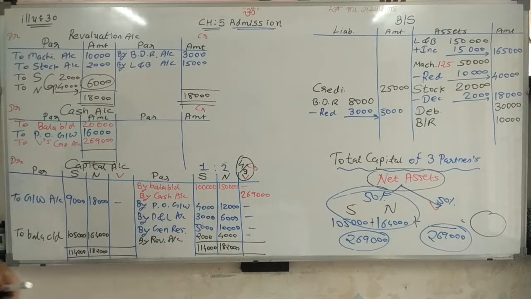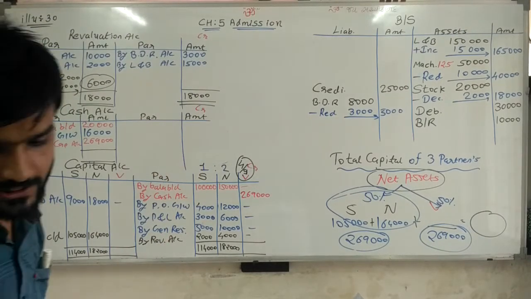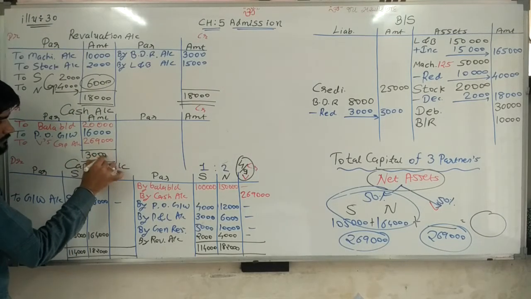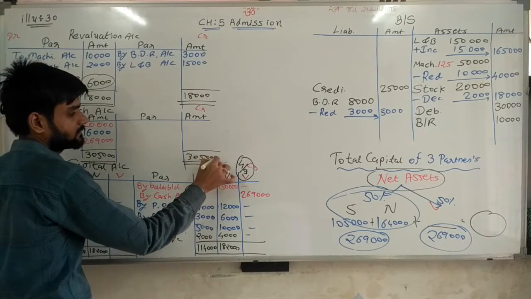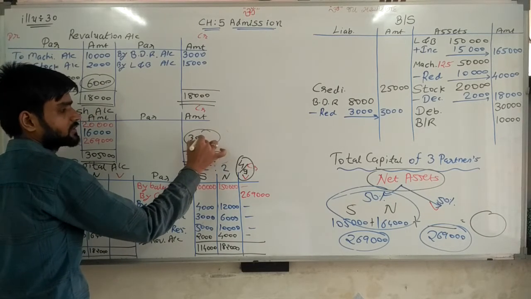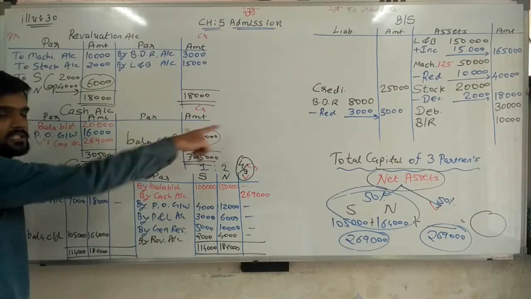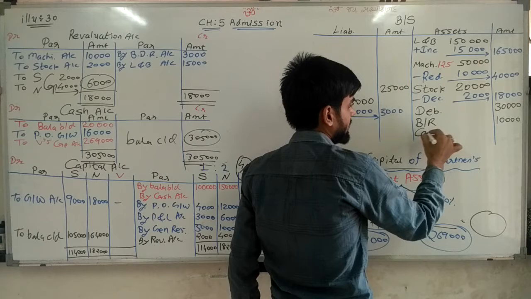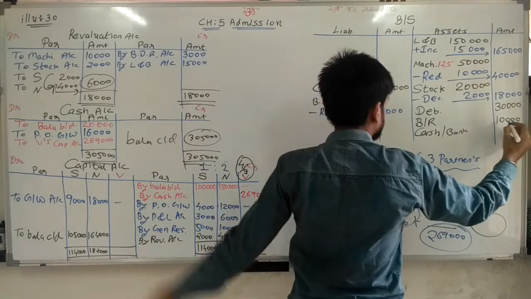Total of this cash account is 305,000. Balance also 305,000. Cross means debit here, so cash and bank account 305,000.